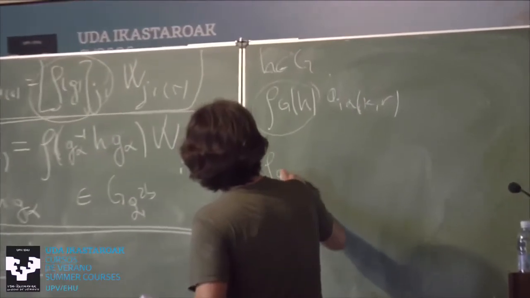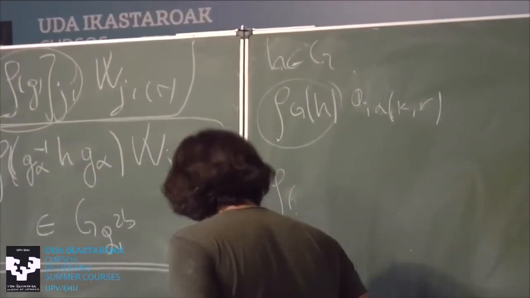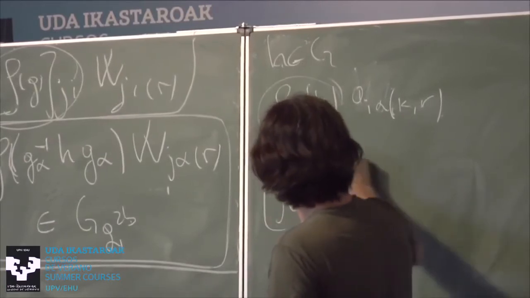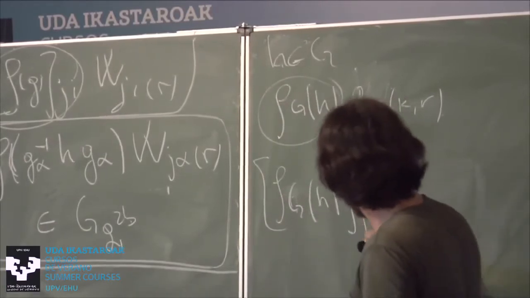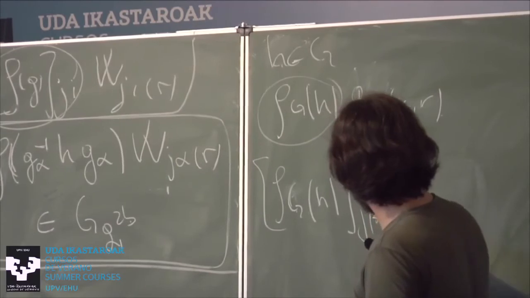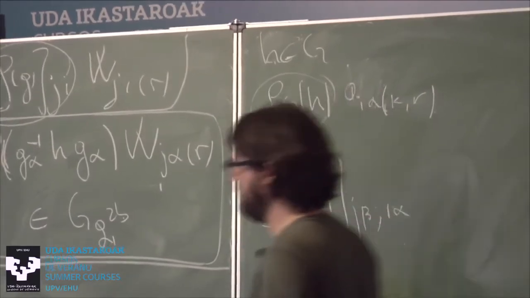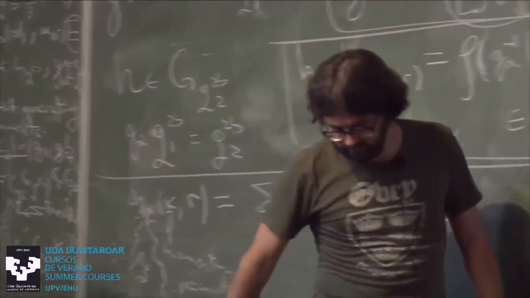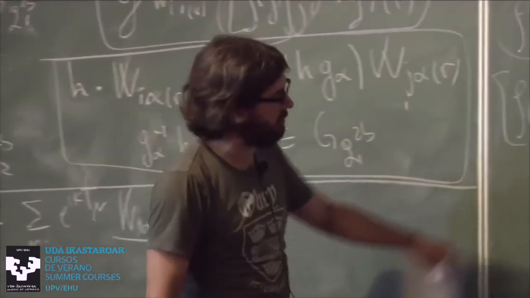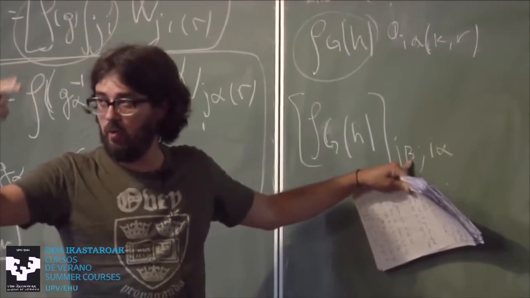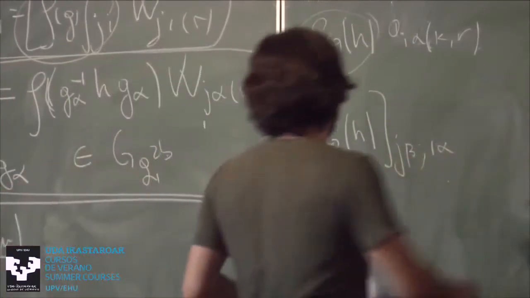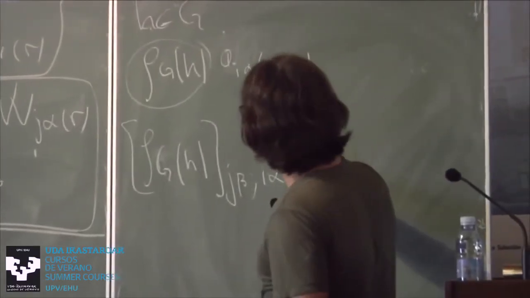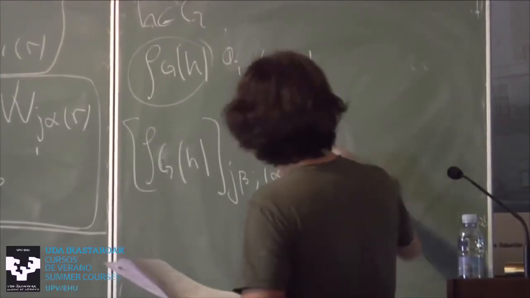Rho G of H. Its index is given by two sets, right? Because I and J run from one to the dimension of the representation of the site symmetry group. Alpha and beta go from one to the multiplicity of the Wyckoff position. It has a momentum because it acts on something with a momentum.